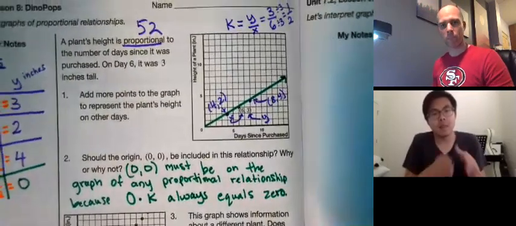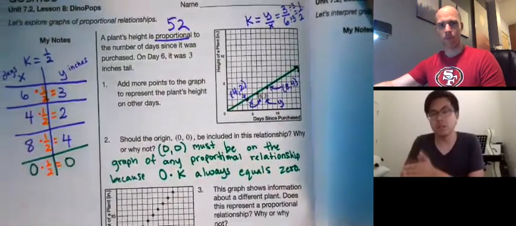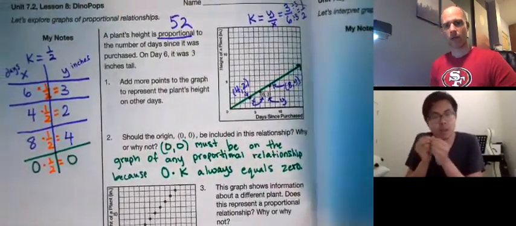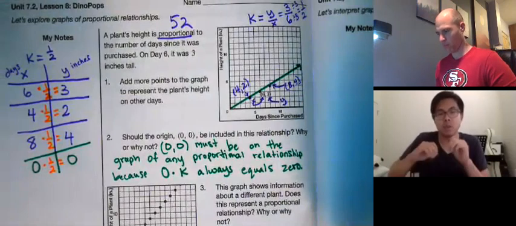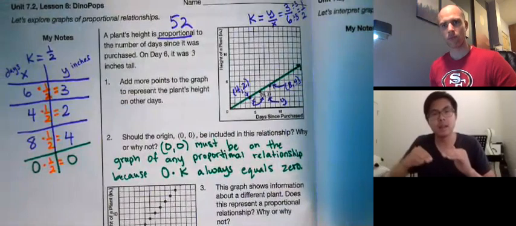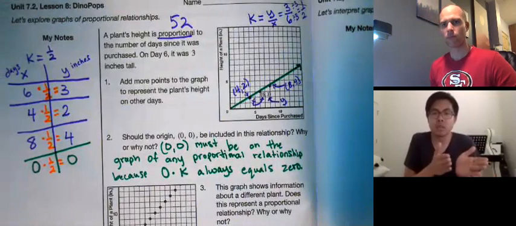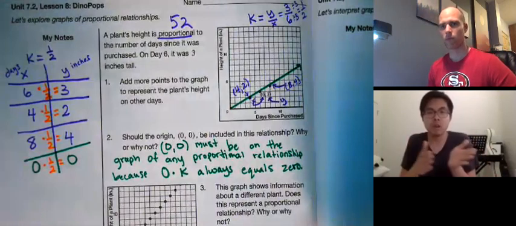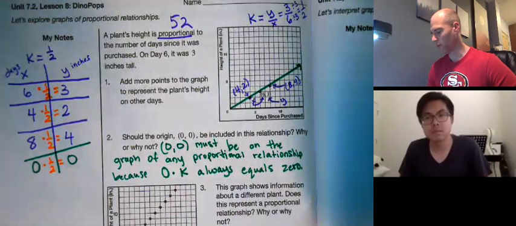And on the day that we purchased the plant, it's saying that the plant's height was 0 inches. So maybe we bought some kind of seed that was just about to pop out from the soil, and so it was at 0 height. And now as we've seen it grow, it's growing in its height as the number of days goes up. Cool, got it.